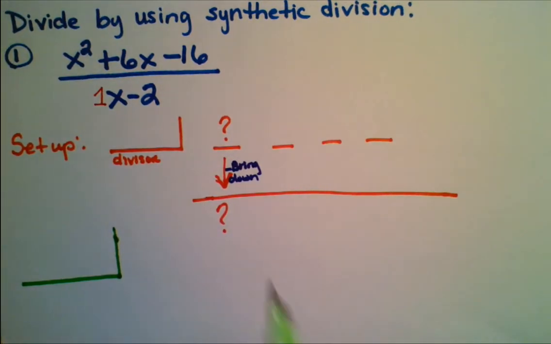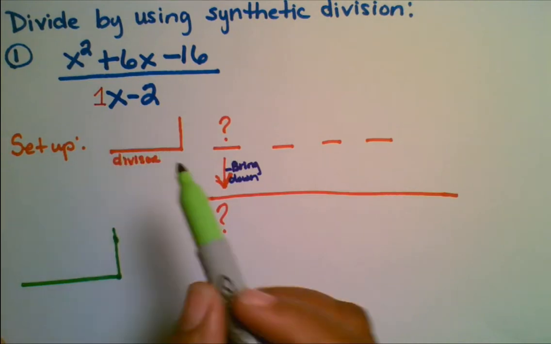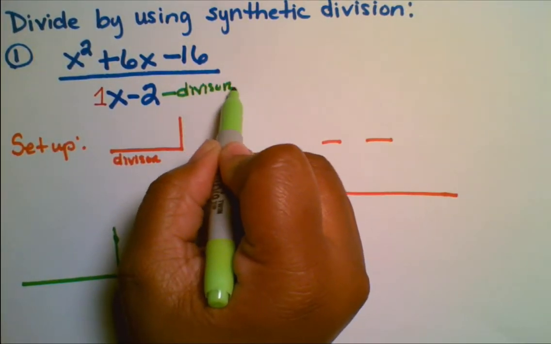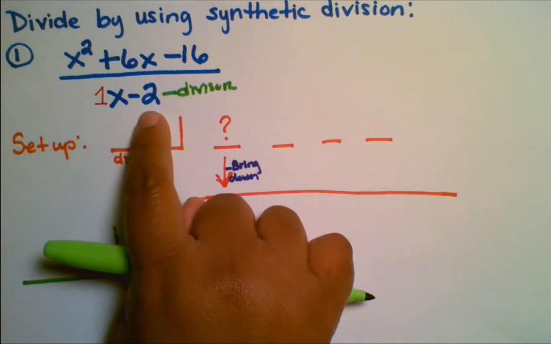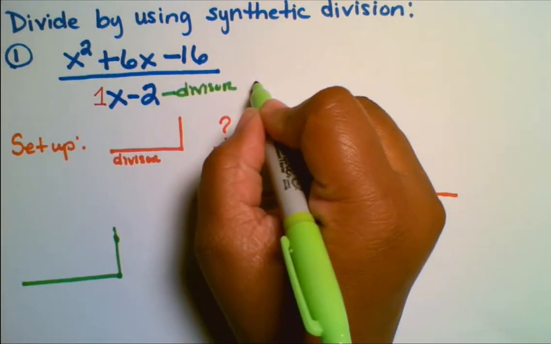Here we go. This bar here is going to be your divisor. So this is your divisor of this fraction. The rule says that what you want to do is take the opposite of the constant in the divisor.